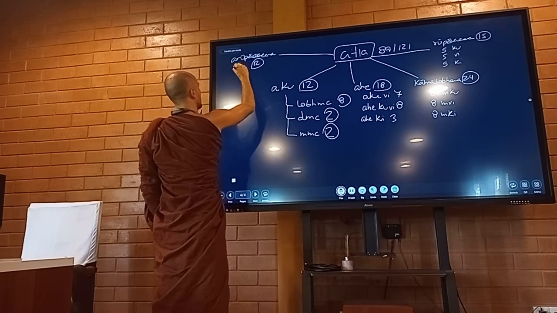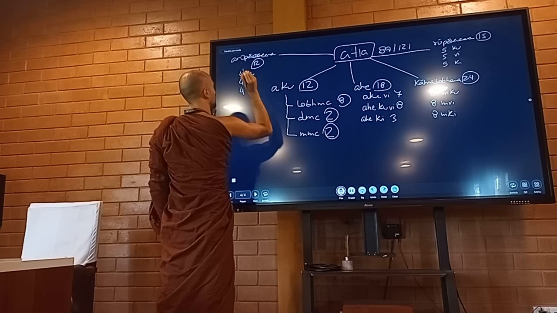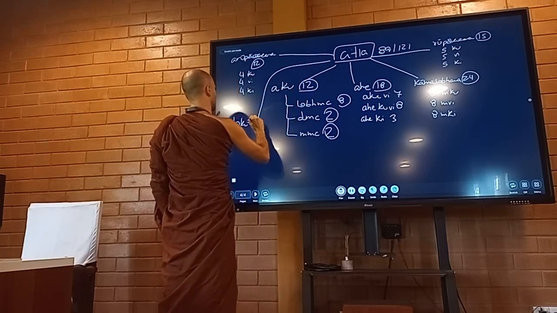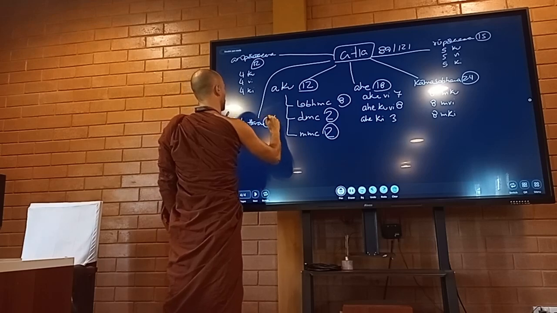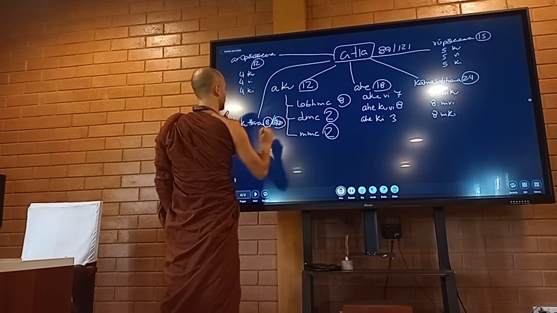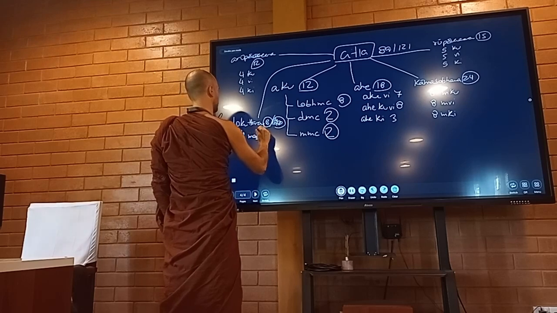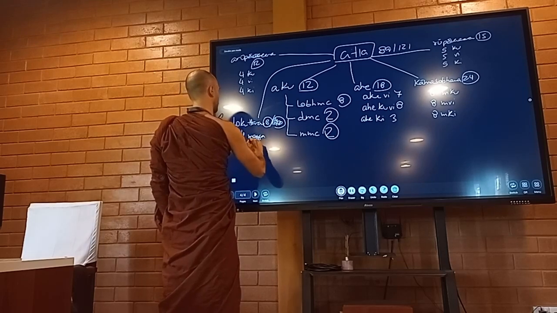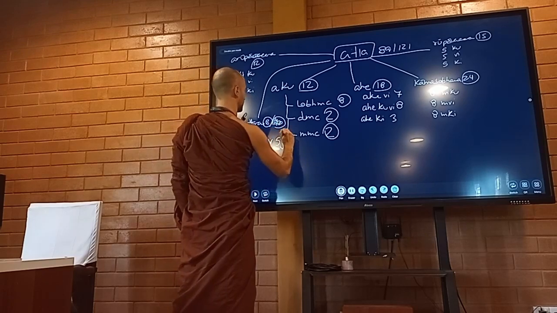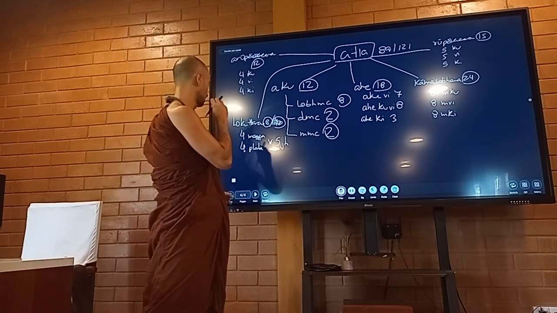We have 4 kusala, 4 vipaka, 4 kiriya. And then lokuttara, 8 or 40. Then we have 4 magga, 4 phala, and if you have the 5 jhanas, 40. So this chart, we have to review it many times.